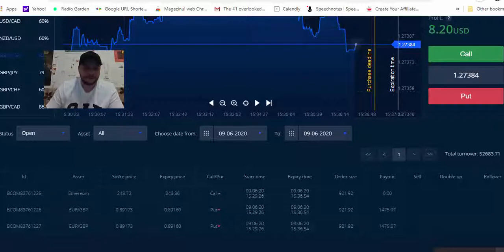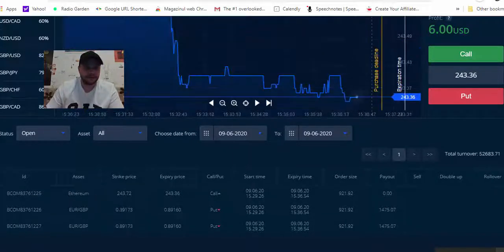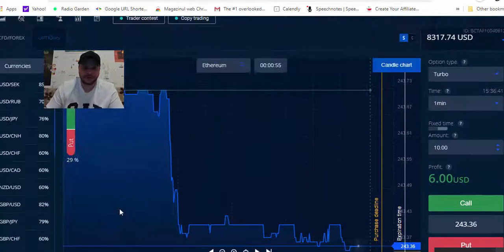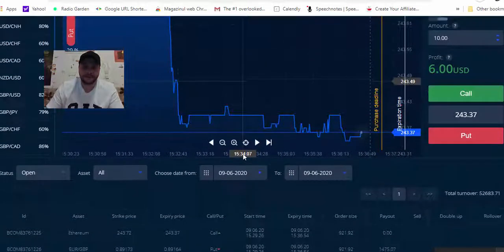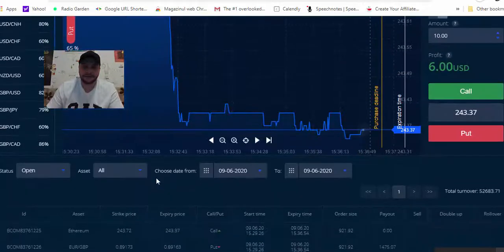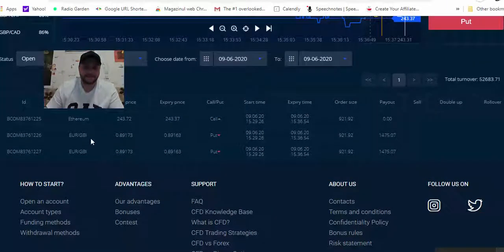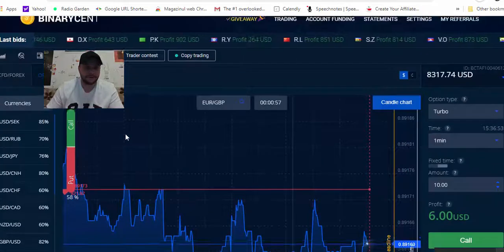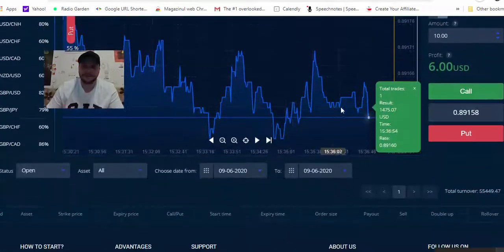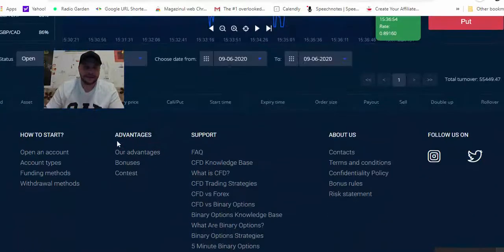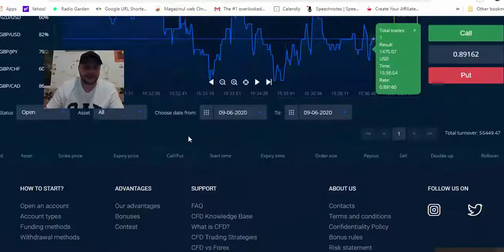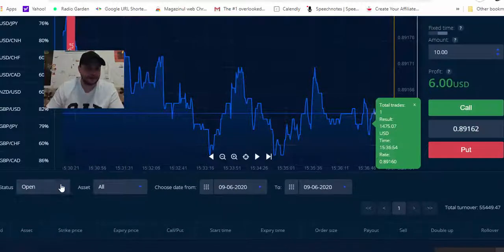Still we have Ethereum out of the money and the other 2 Euro GBP. This one, I think it will be out of the money, because see how it looks. Let's have a look at Euro GBP. Euro GBP, it's in the money, as you can see, and all the trades are closed.